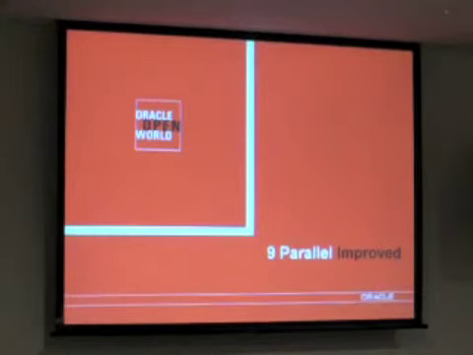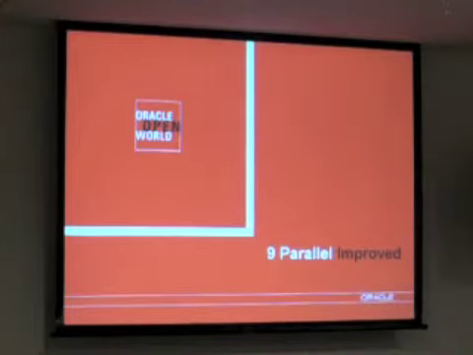A few CPUs, very little memory, and maybe a lot of disk. Our algorithms for parallel query were invented for a machine with very little memory and lots of disk. So they were very oriented towards disk operations.